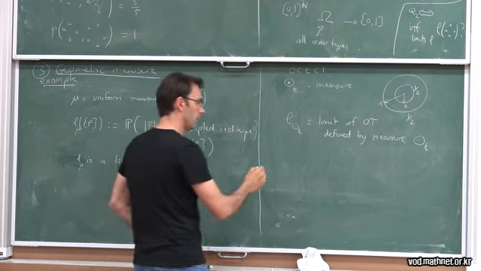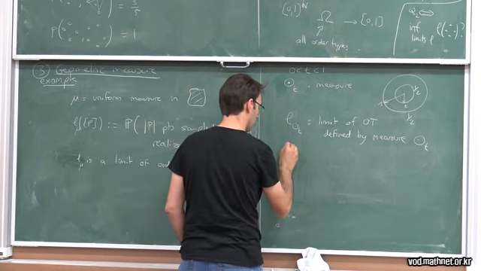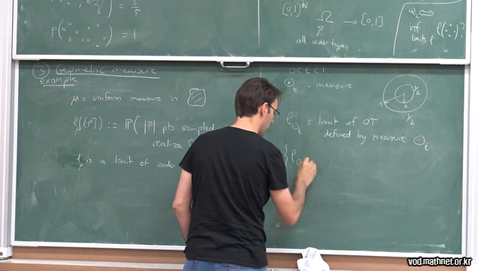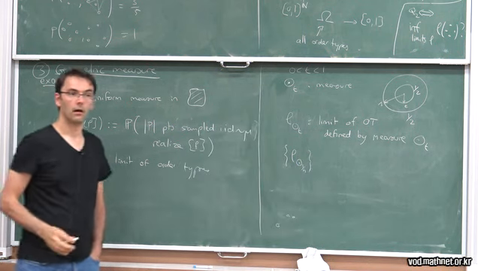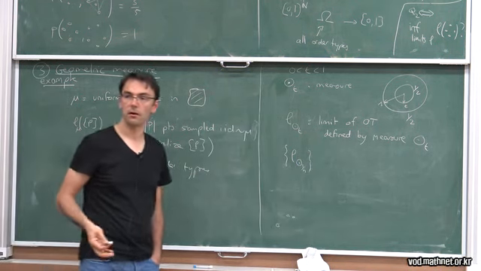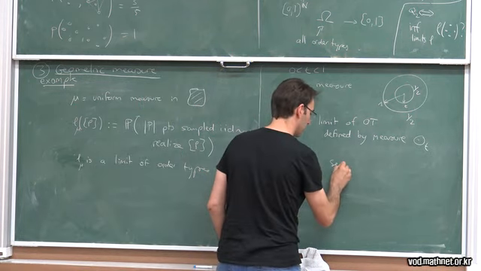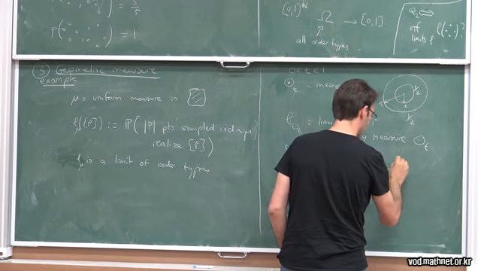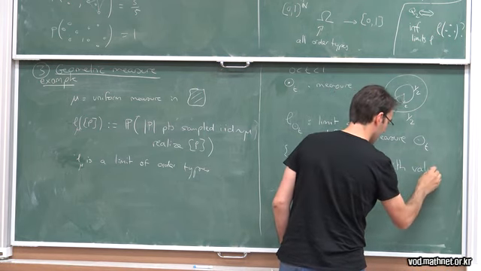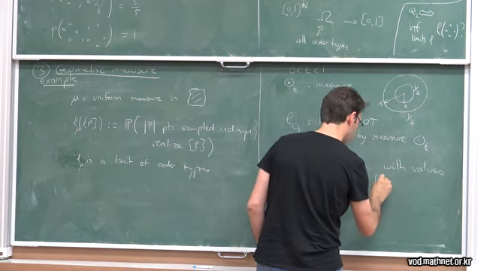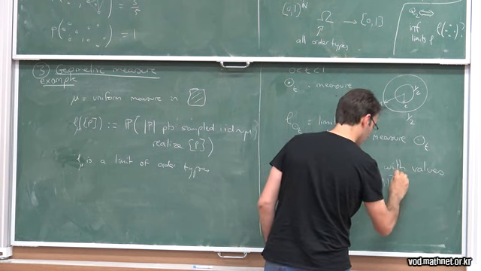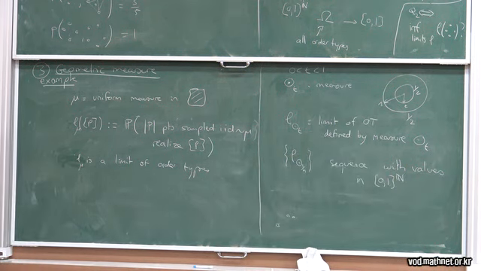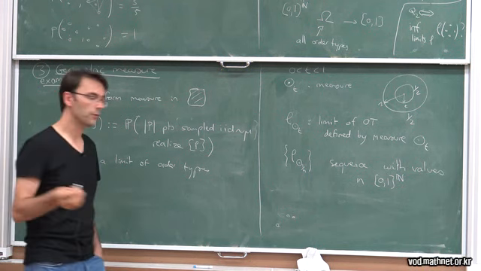Now what I do is I take the sequence L of, say, this 1/n. This is a sequence with values in [0,1]^n. This is compact, so there is a converging subsequence.